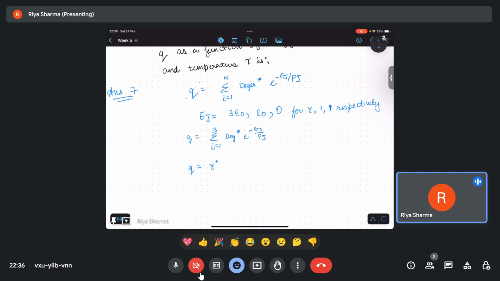So first will be gamma into e raised to the power minus 3 epsilon naught by kT, plus 1 into e raised to the power minus epsilon naught by kT, plus 1 into e raised to the power 0 by kT. So q will become gamma e to the power minus 3 epsilon naught by kT plus e raised to the power minus epsilon naught by kT plus 1.